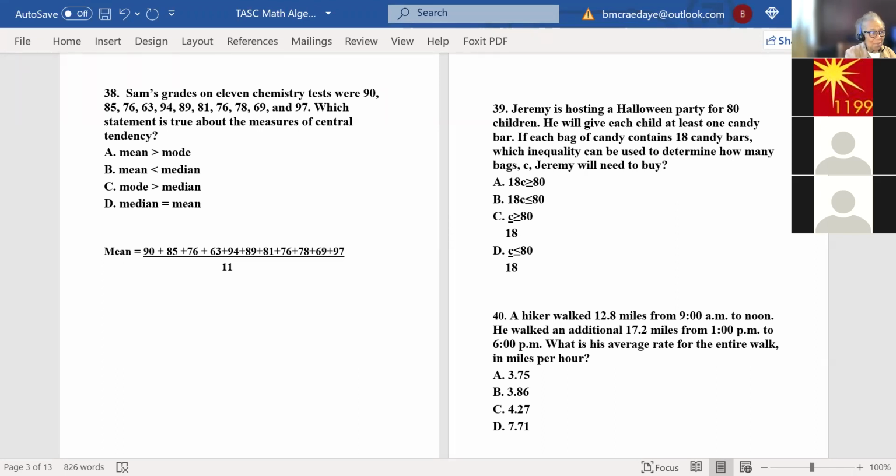Okay, let me see. The mean. Miss Barbara wants to know which statement is true about the measures of central tendency. What did you get for the mean? When you add all together, you get 898. That's right. Maureen, you should get 898.